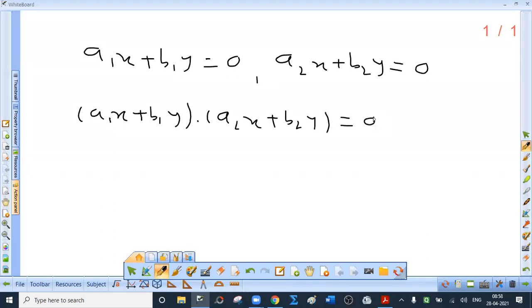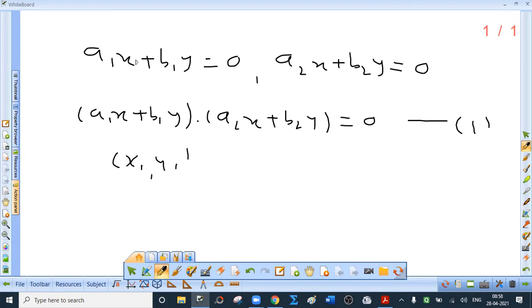This is the locus. I say that this is equation number 1. If (x1, y1) is any point on the first line, then a1x1 plus b1y1 will be 0. So in that case, (a1x1 plus b1y1) into (a2x1 plus b2y1) is going to be 0 only.